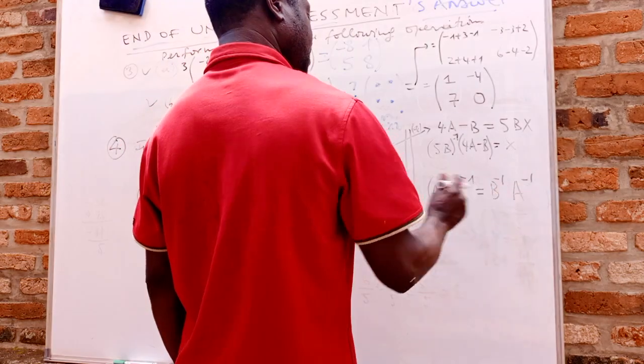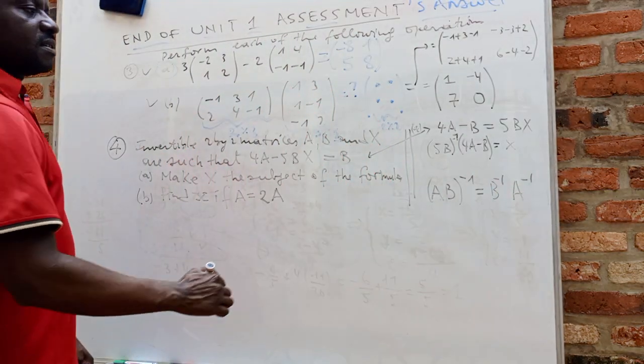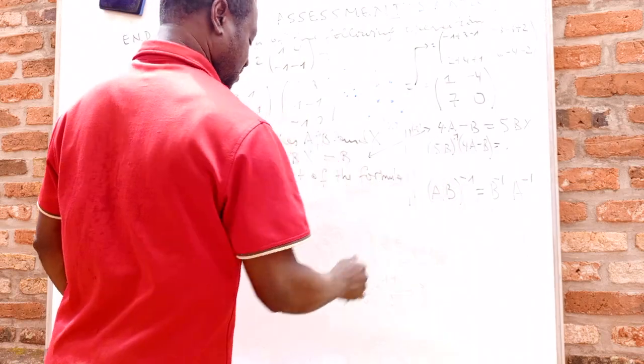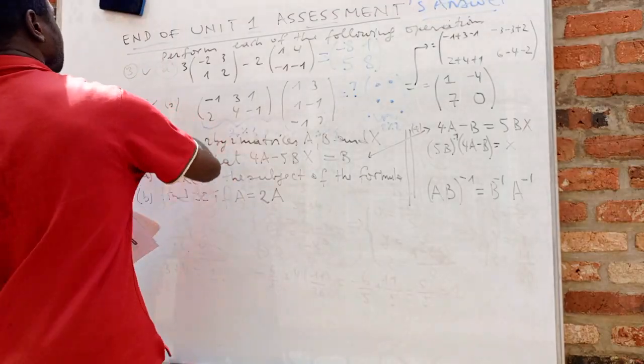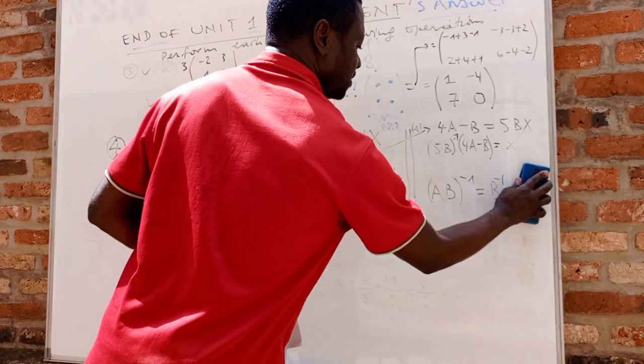This is the rule for the inverse of a product of matrices. So in this case, this is the rule.